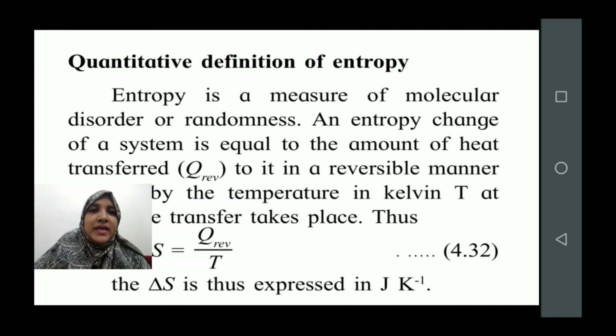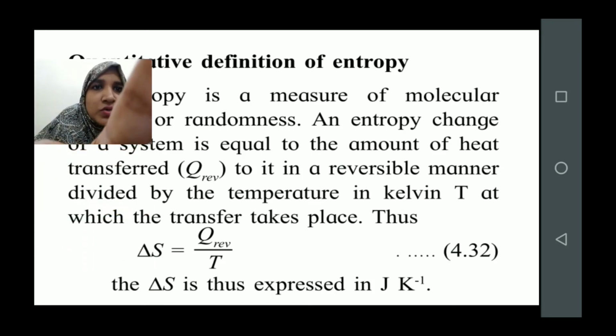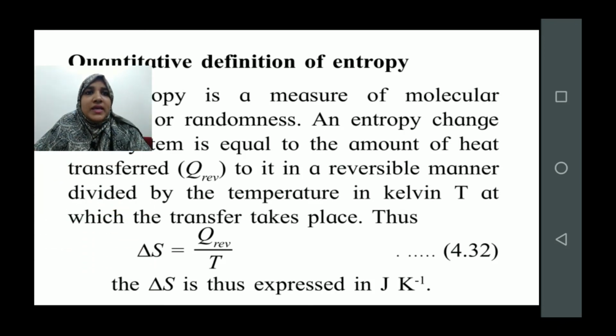This is why the change in entropy is directly proportional to Q reversible. If heat is given or increased, the entropy will increase, and if heat is removed or given out, the entropy of the system will decrease. Understood?